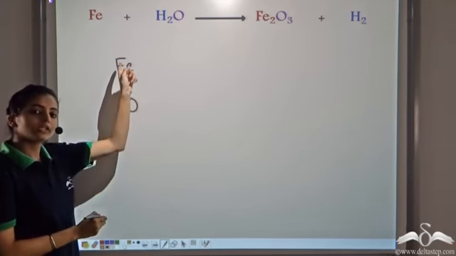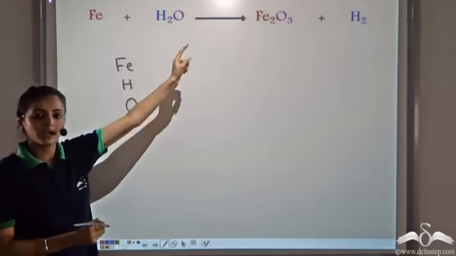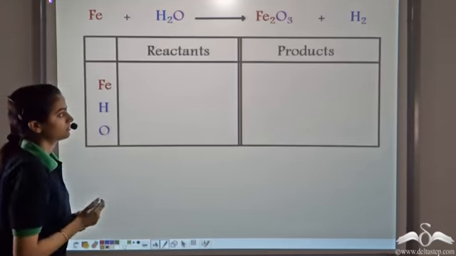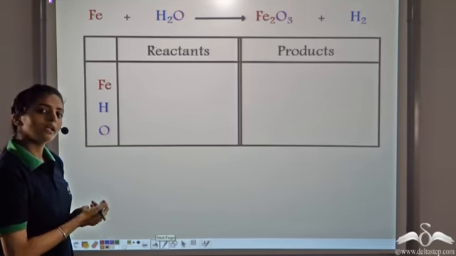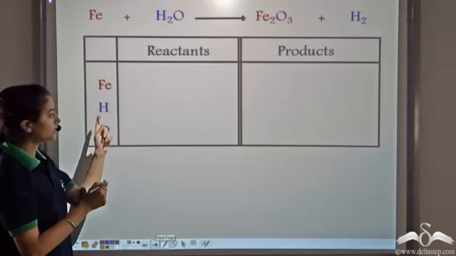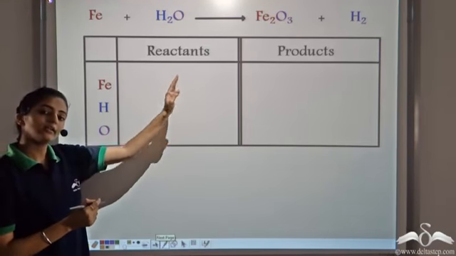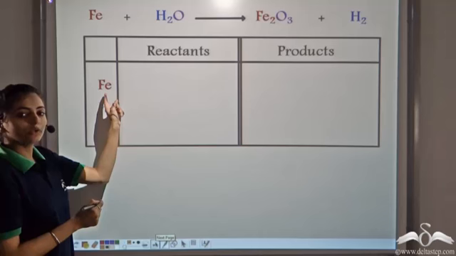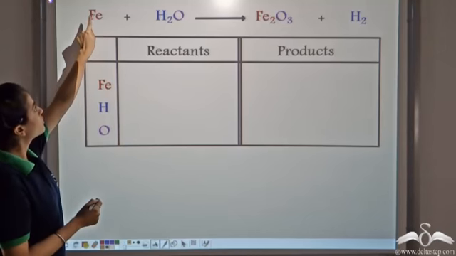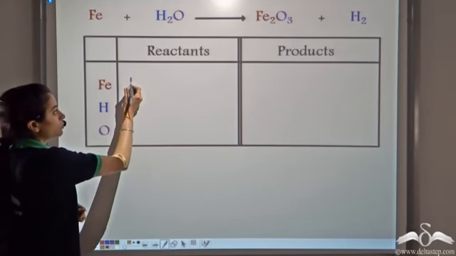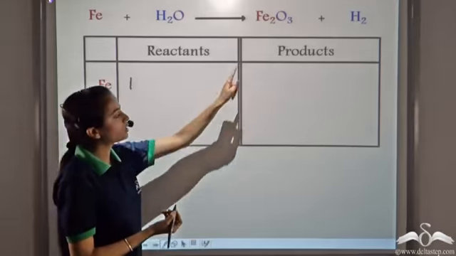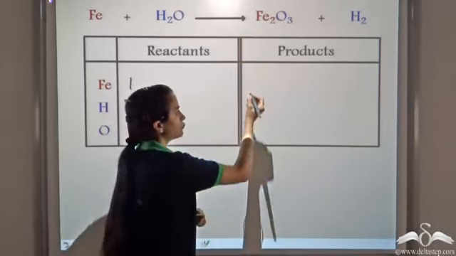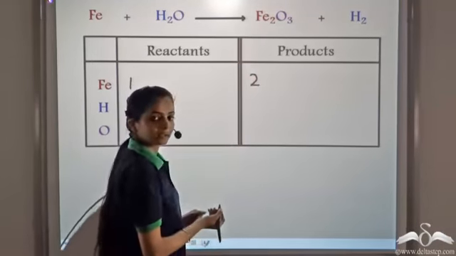So these are the 3 different elements present in the reaction. Now, let's try to count the number of atoms present on both the reactant side and the product side. On the reactant side, we have 1 into 1, 1 atom of iron. On the product side, we have 2 into 1, 2 atoms of iron.